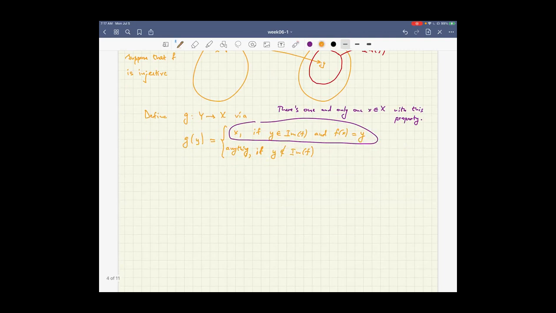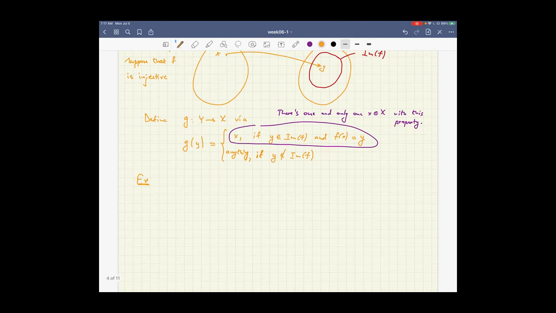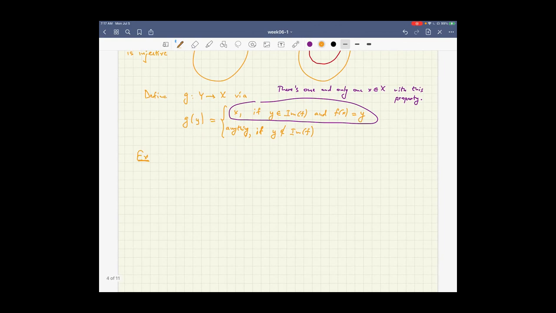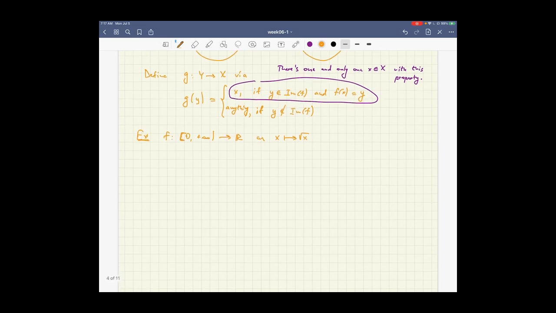We can take a specific numerical example. Let's say f is defined on the set 0 to infinity to the set of real numbers as square root of x. X gets mapped to square root of x. What is the image of f in this case?